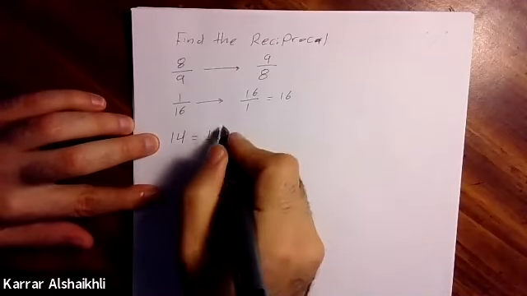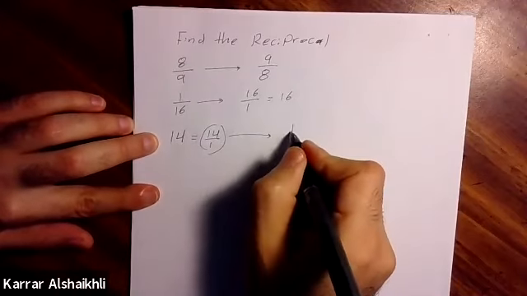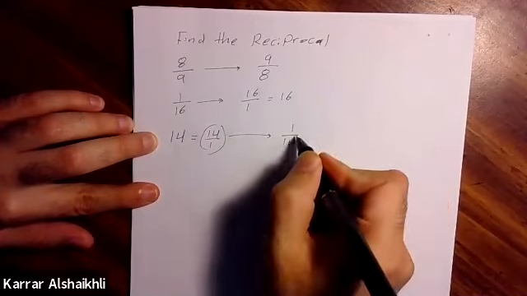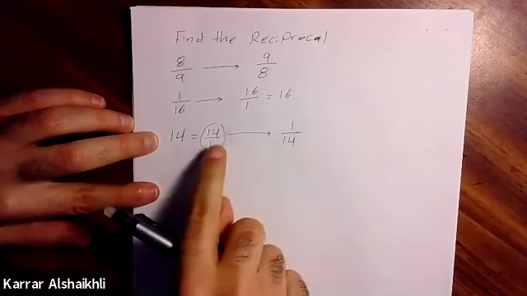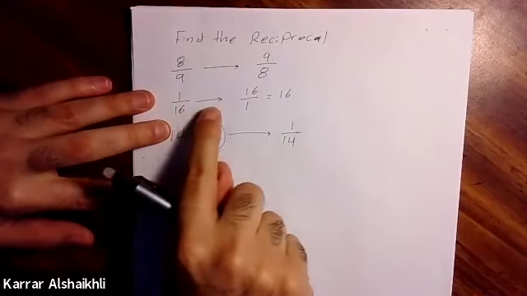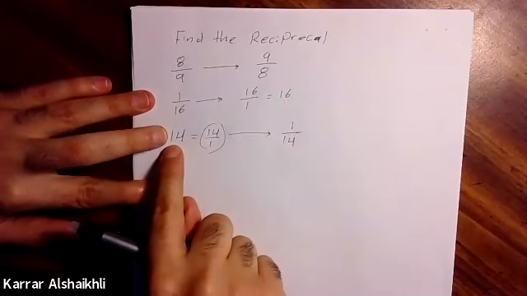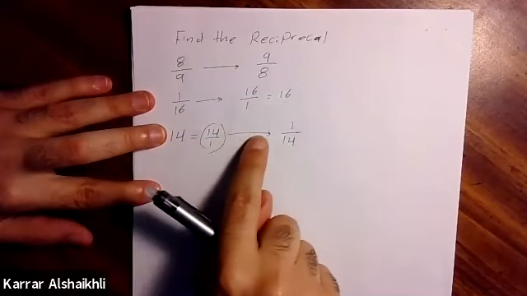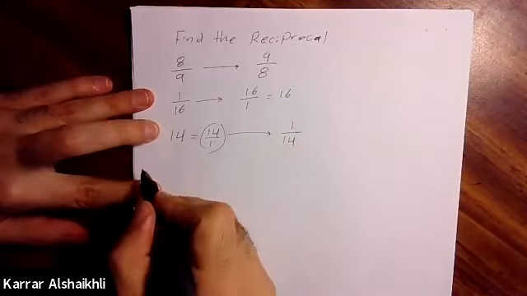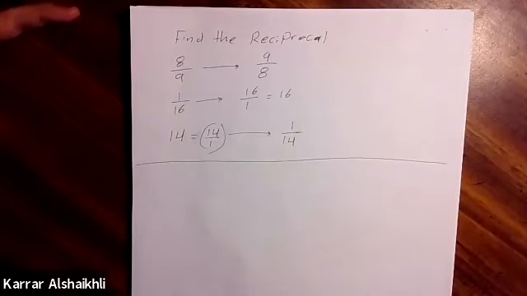To find the reciprocal, I find the reciprocal of 14/1, which is 1/14. That's the reciprocal for 14. So be careful. For 1/16, the reciprocal is 16/1, which is equal to 16. If you have just a number like 14, write down 14 as 14/1, then find the reciprocal, which is 1/14. That's how we find the reciprocal, which is exactly the same way we use in division.